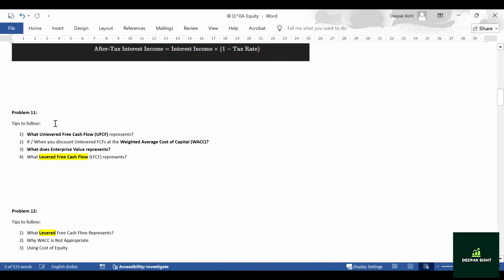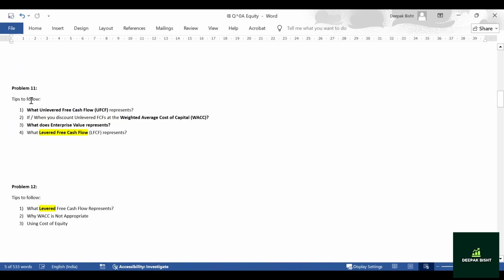These are tips to follow. What does unlevered free cash flow mean? It represents the portion that is available to both equity holders and debt holders, so all enterprise value. Unlevered free cash flow is calculated before taking into account interest payments and debt principal repayments.